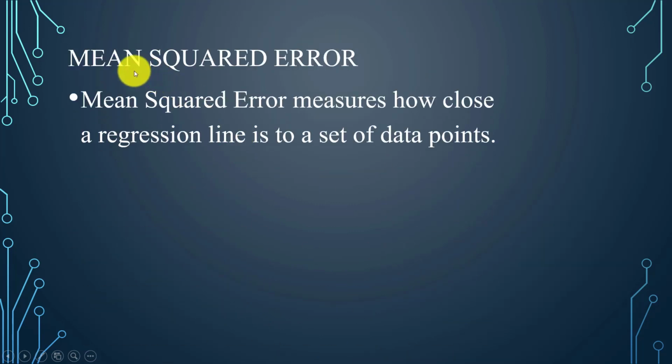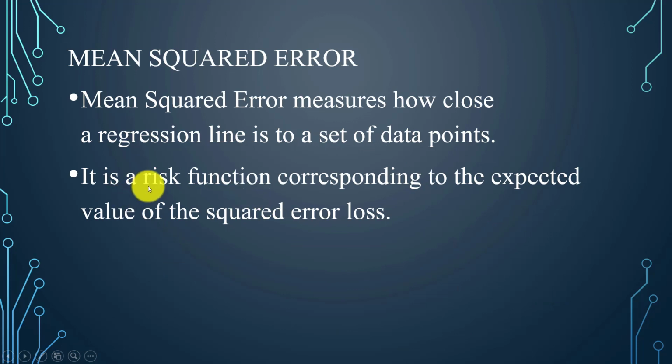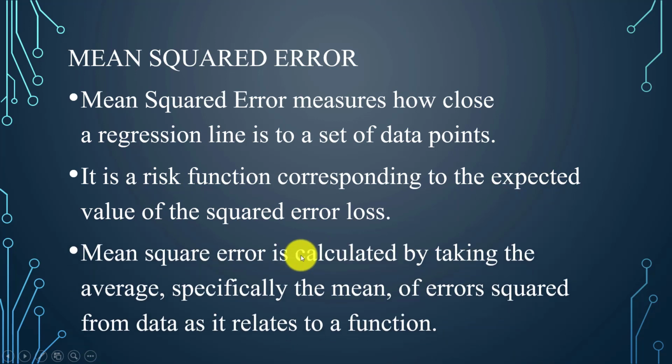Now why do we use the mean squared error? It measures how close the regression line is to a set of data points. Second, it also estimates a risk function corresponding to the expected value and predicted value or the actual value. It calculates by taking the average, or mean, from the related data functions. That's why we use the mean squared error.